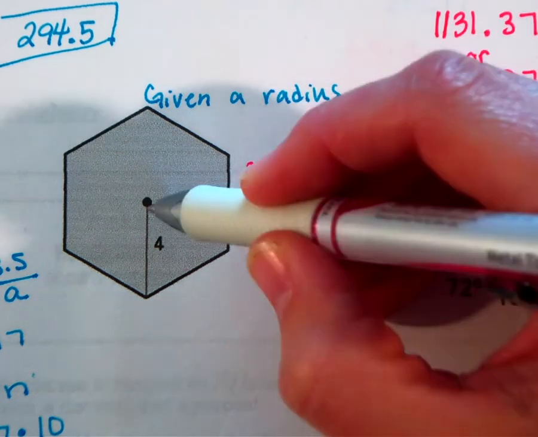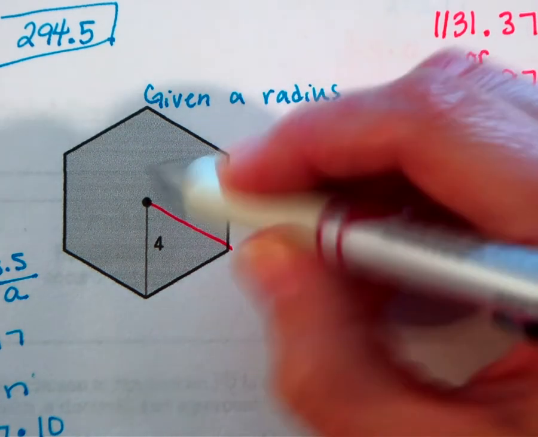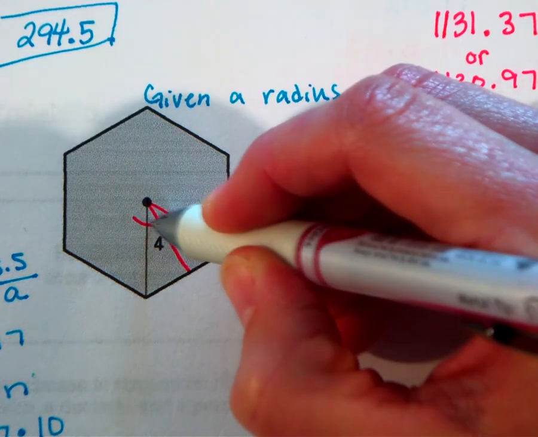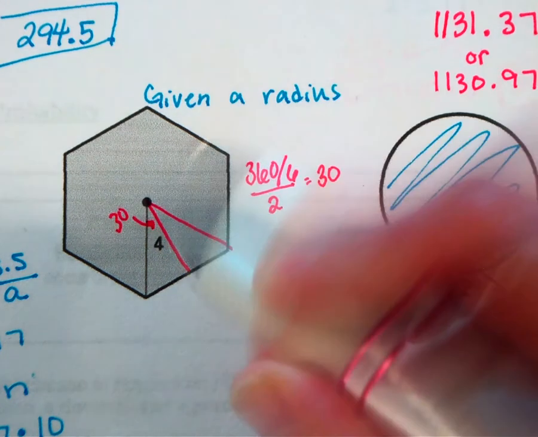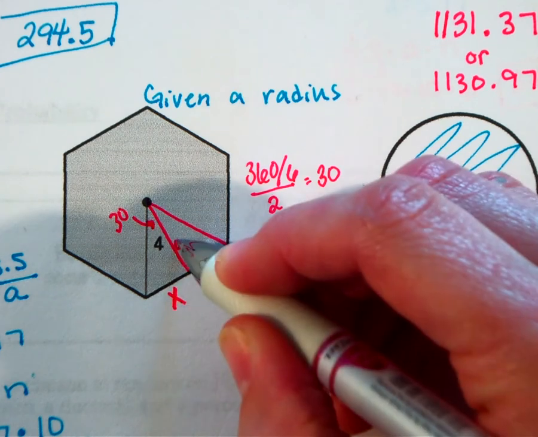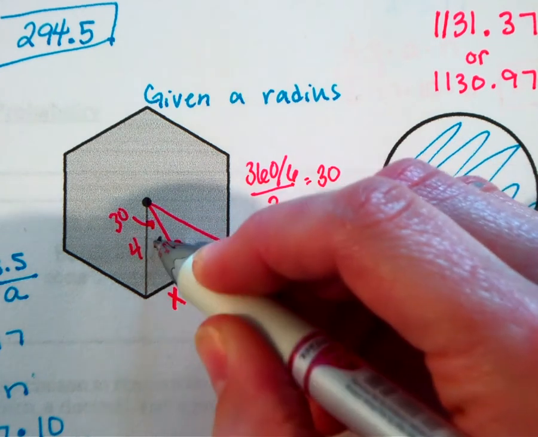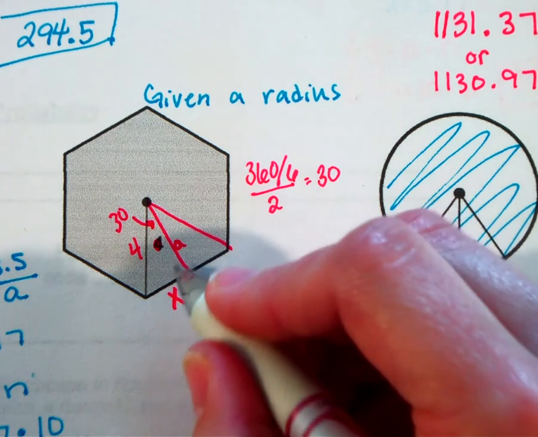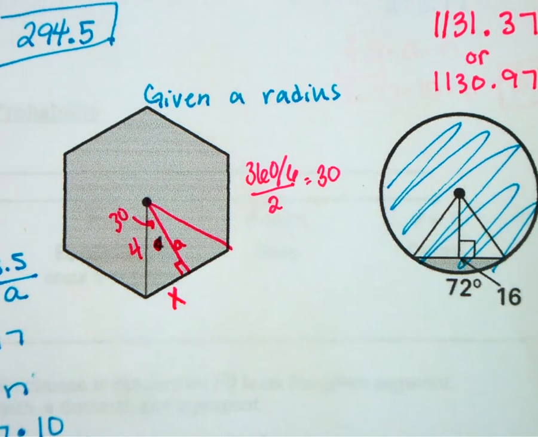So we're going to use 30 degrees as our angle. So this angle is 30 degrees. X for half of my side length, A for my apothem. The 4 is actually here. It's kind of hard when you're drawing that triangle in that the 4 kind of gets sucked into the triangle, but the 4 is actually the hypotenuse of this triangle.